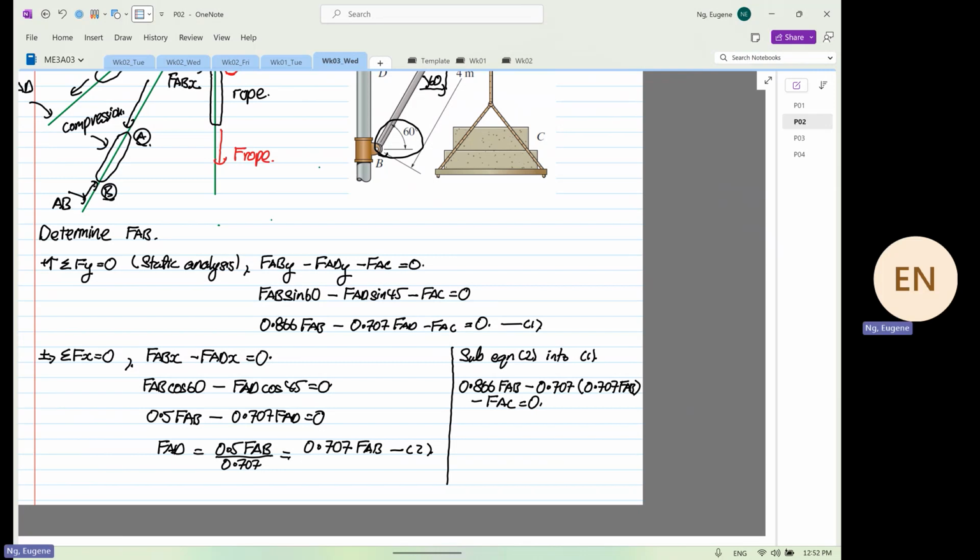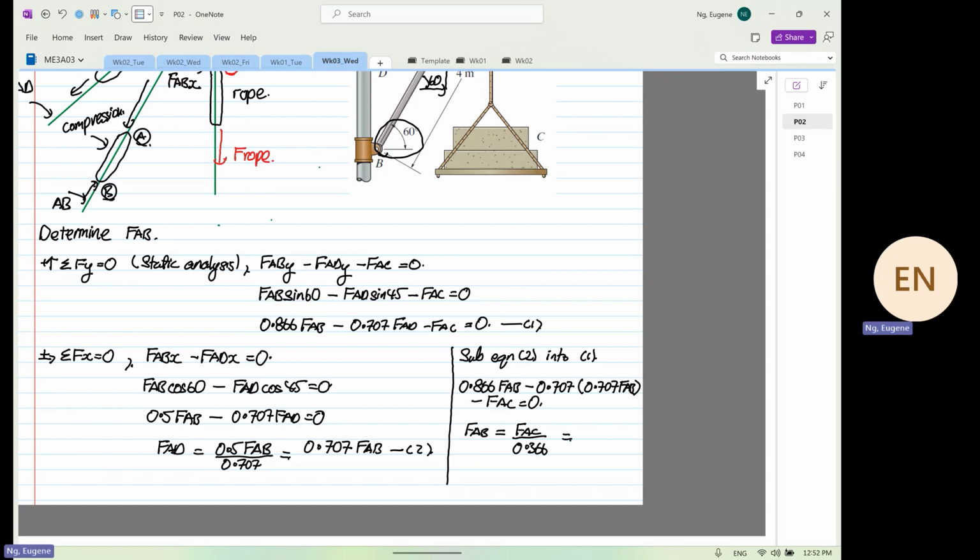So from here, FAB is equal to what? 0.707 times 0.707. 0.866 minus 0.366, okay, so it's equal to FAC divided by 0.366.